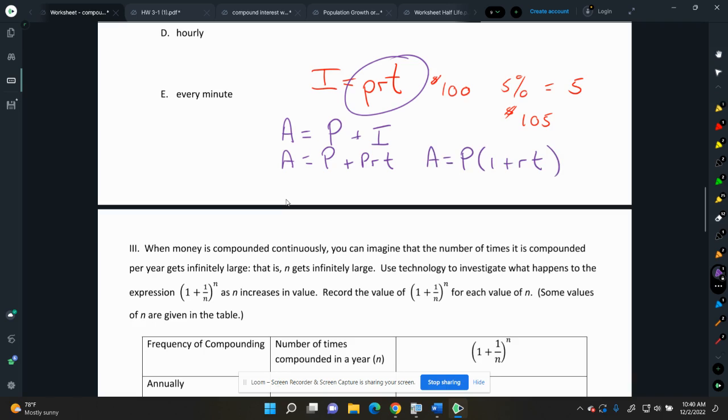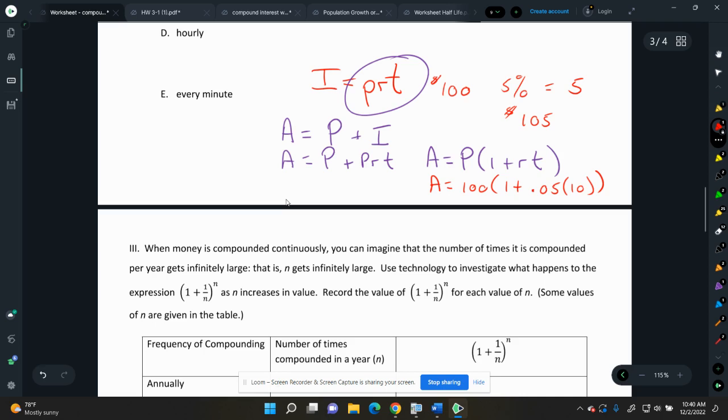Okay. So if I have a simple interest loan for 10 years and I'm making $5 a year, I know I'm going to have $50, right? Well, I could figure out how much money do I have? Well, I have $100 times 1 plus 0.05 times 10 years.